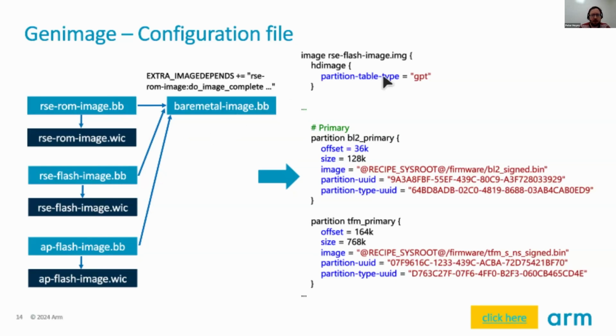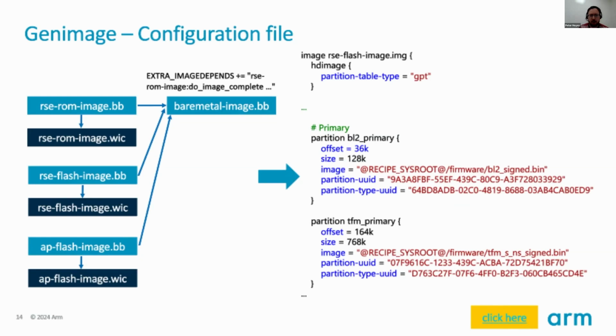So on the right is an excerpt from what we now have in 1.1, which is a GenImage configuration file. I think you can see the full file and the recipe in the link at the bottom, but this is a much cleaner solution to our complicated firmware problem.